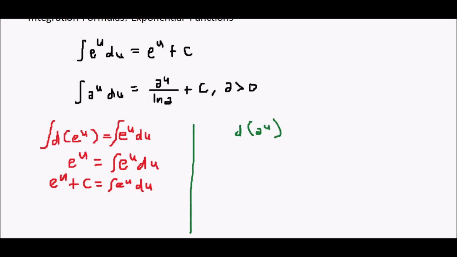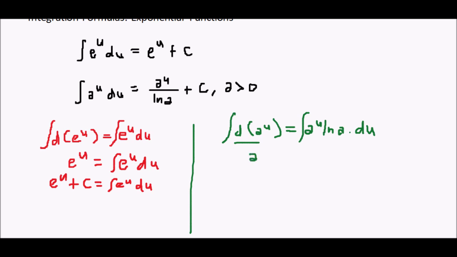Going to your formulas of differentiation, we have a to the u ln a times du. So again, integrating both sides, this side will just be equal to a to the u.